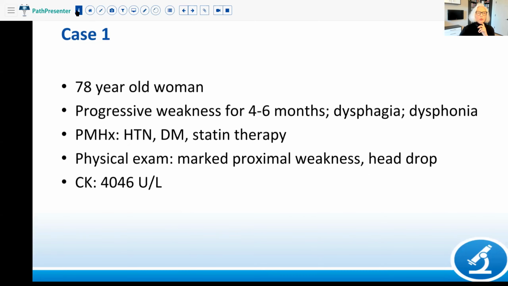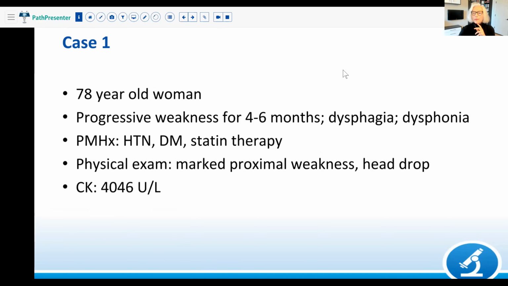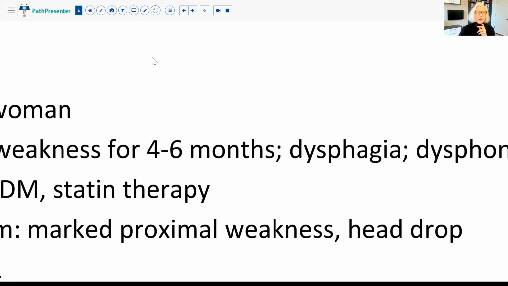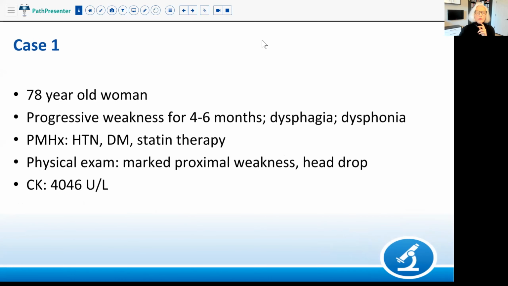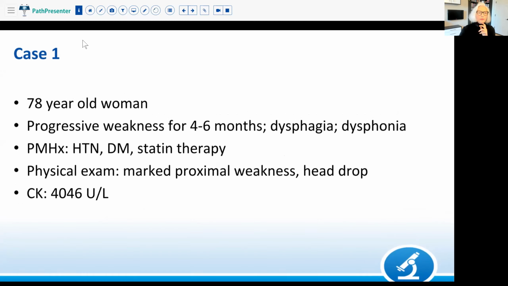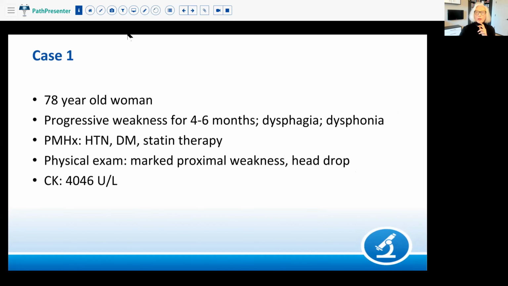Okay, so now my Zoom controls are blocking my slide advancing controls here. Let's see if I can. That will be a little bit tricky. Maybe I have to exit.